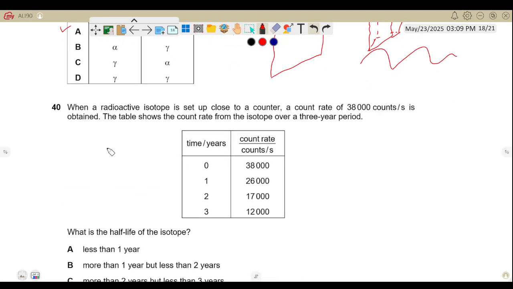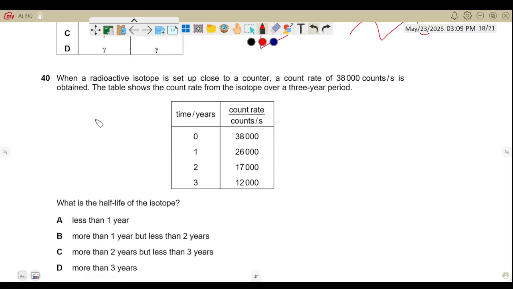The last question here is 40. It says, when a radioactive isotope is set up close to a counter, a count rate of 38,000 counts per second is obtained. The table shows the count rates from the isotope over a 3 year period.